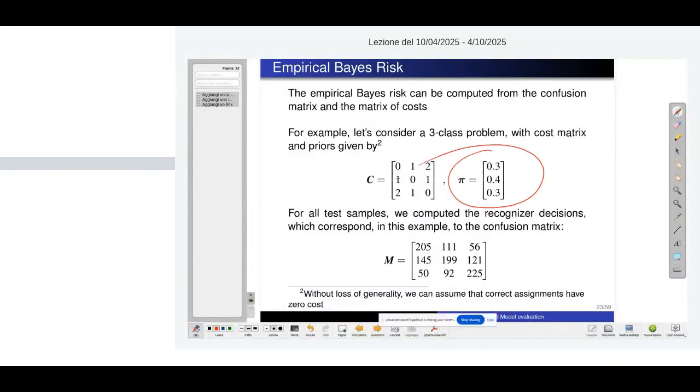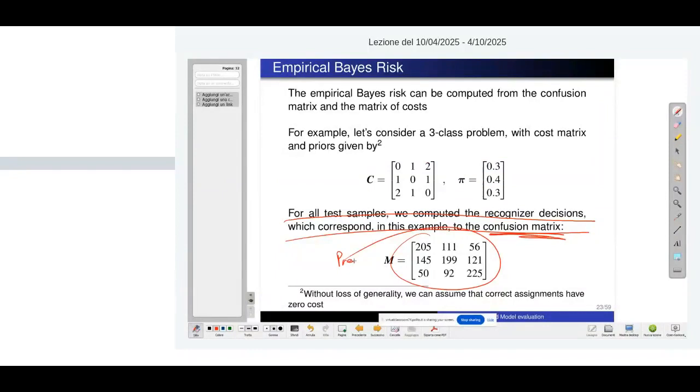Now let's imagine that these are the class prior probabilities. So this defines the application. For the 3 classes, these are the probabilities. We actually don't need the prior probabilities now, but we will need them in a moment. Let's imagine now that we have our evaluation set. We predict all the samples, and then we build our confusion matrix.